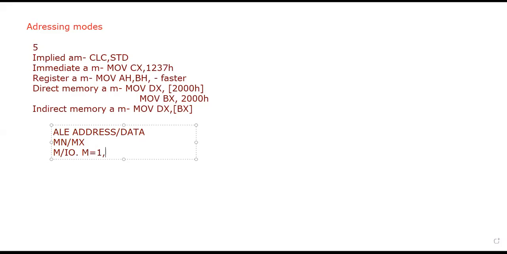It is like the ternary operator: if the condition is true, then the first option. So if it is 1, memory is used; if it is 0, an IO device is used to get information. For the mode pin, if the logic is 1, it is in minimum mode, and if it is 0, then maximum mode.